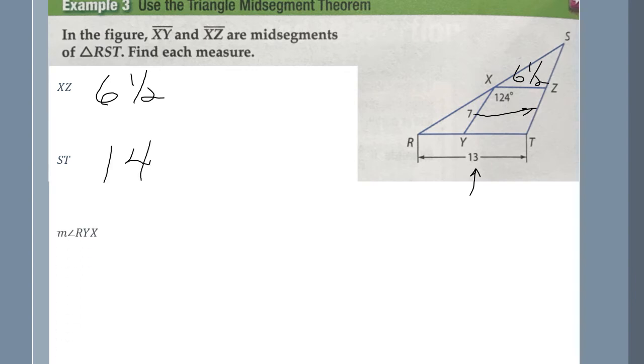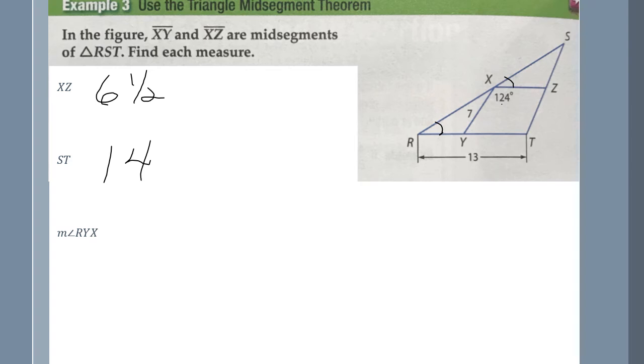Okay, the measure of angle RXY. So we're trying to find here the measurement of angle RXY. So if this is 124, then this angle here is going to be congruent to this angle here.